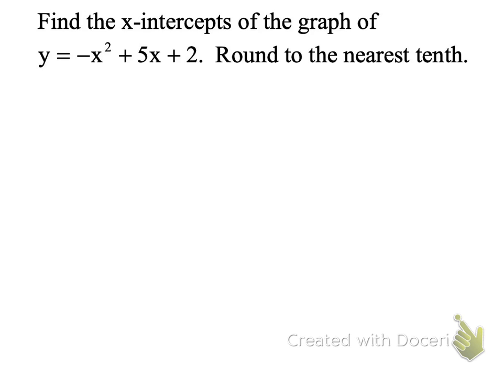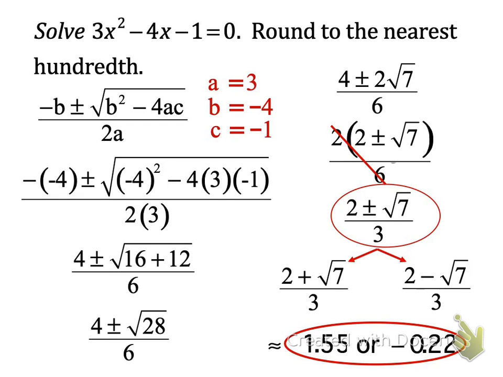Let me clarify. Right now, when they ask for x-intercepts or the roots, the 2 answers you found, guys, I need you to listen when I say let me clarify. I need you to stop talking. When they're asking for x-intercepts, and you had those 2 answers before, that's what you are finding.